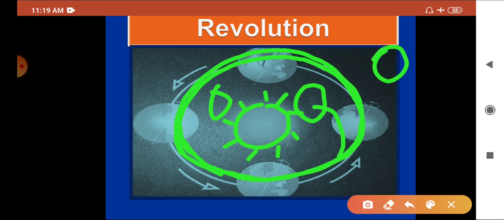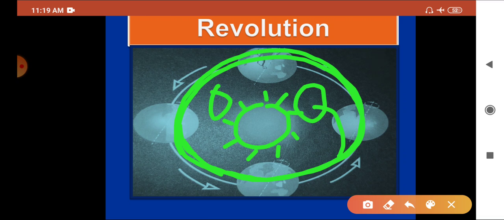Earth has a fixed orbit, and that path in which Earth is completing its one round around the Sun is called the revolution of the Earth.